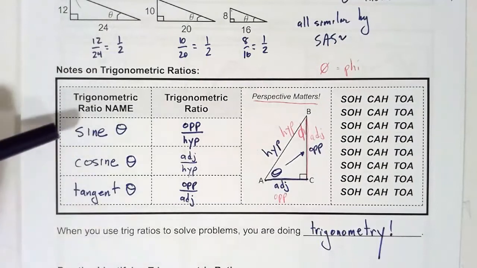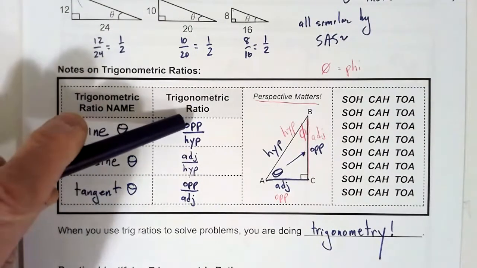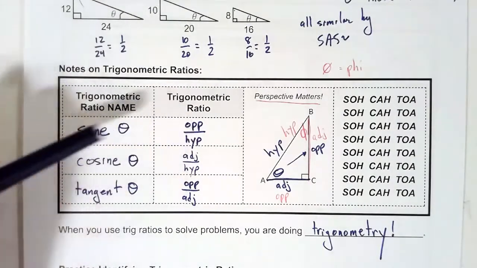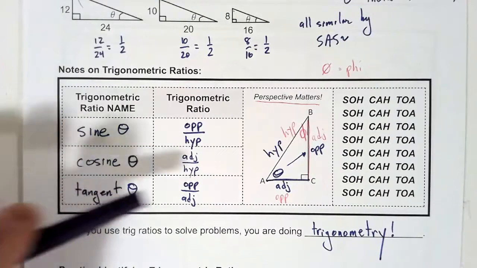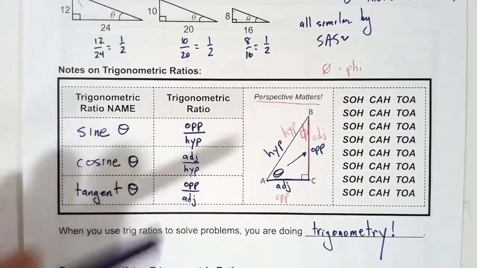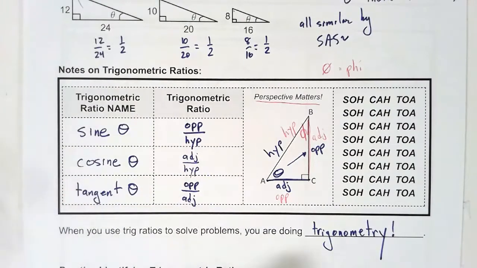We talked about sine, cosine, and tangent. Sine is the opposite side divided by the hypotenuse. Cosine is the adjacent side divided by the hypotenuse. And tangent is the opposite divided by the adjacent. Now, please think about sine, cosine, and tangent of theta just as decimal values. They're just decimal numbers. That's all they are, okay?